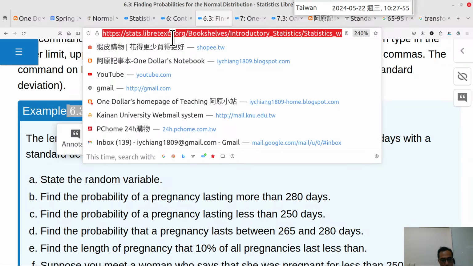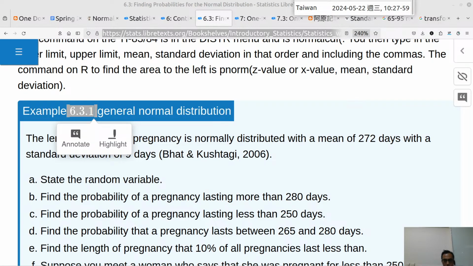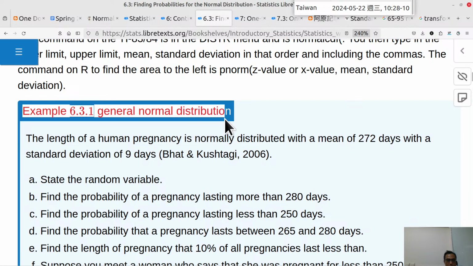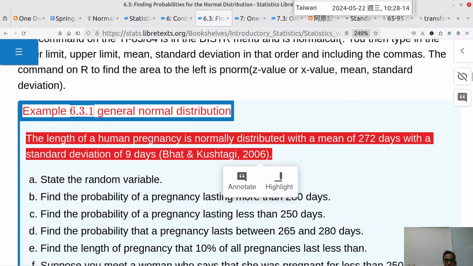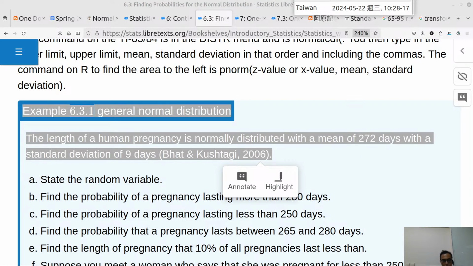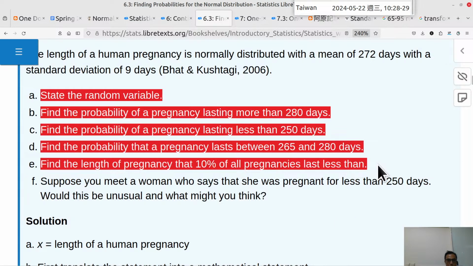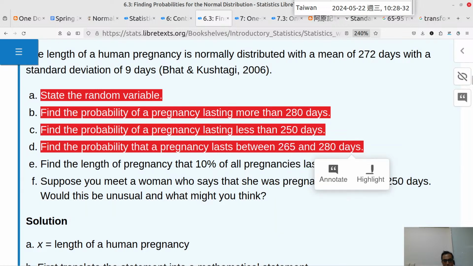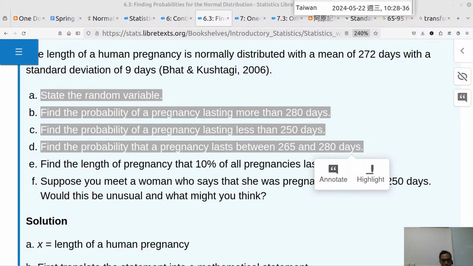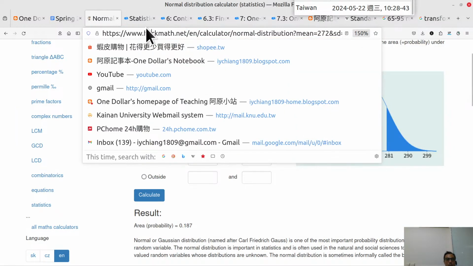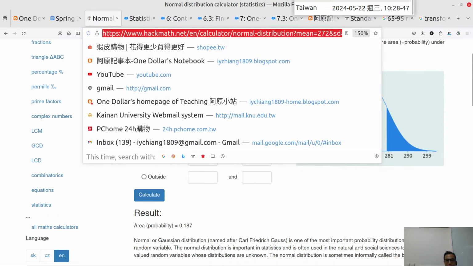Okay, and the example is here. Copy. Paste. You may use your own, but I suggest that we use the online applications. That's easier for us.